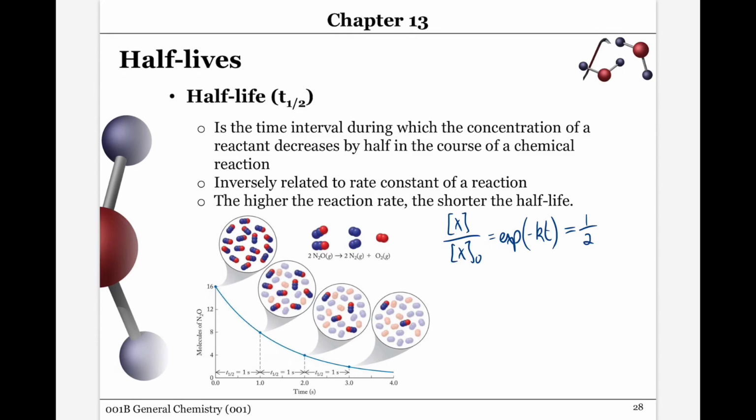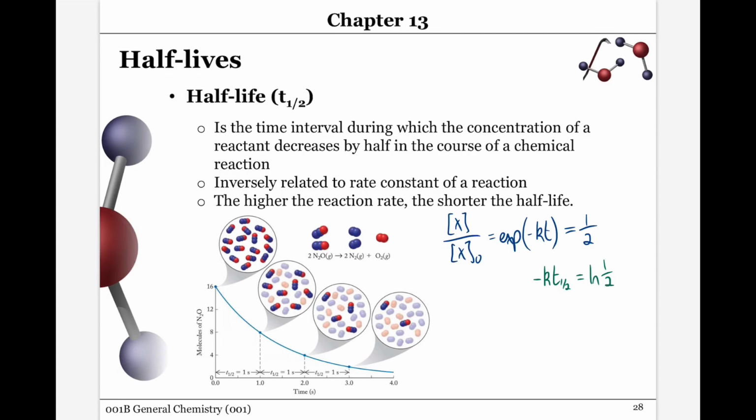So we can set this equal to 1 over 2. And when we set it equal to 1 over 2, we have to define our t as being t1/2. So we'll add that into the next line in our calculation just to make sure we're aware of this. What we're trying to do is actually solve for that t1/2 value. So we can take the natural logarithm of both sides. That gives us minus k t1/2 is equal to the logarithm of 1 over 2.